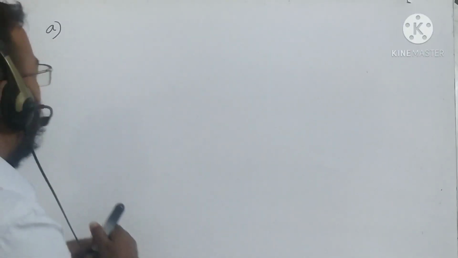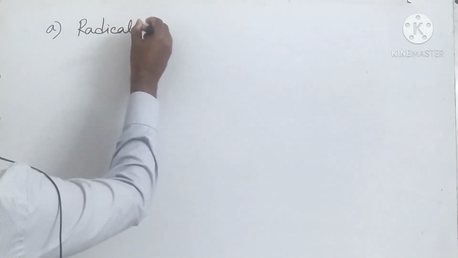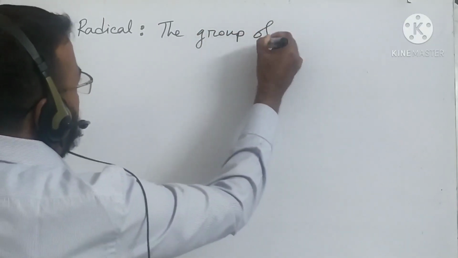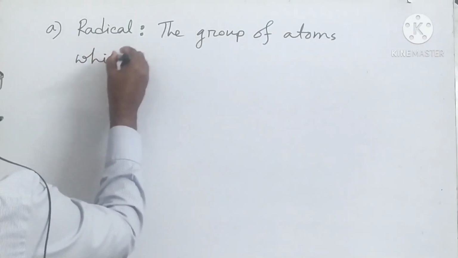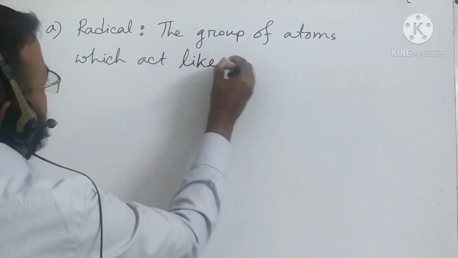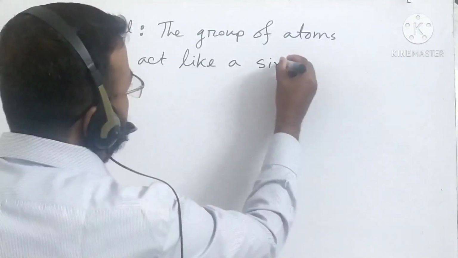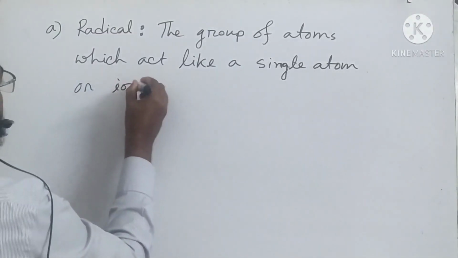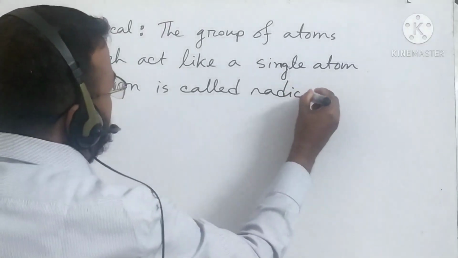Okay, now the answer of creative question number 2A, that means what is a radical? The group of atoms which act like a single atom or ion is called a radical.